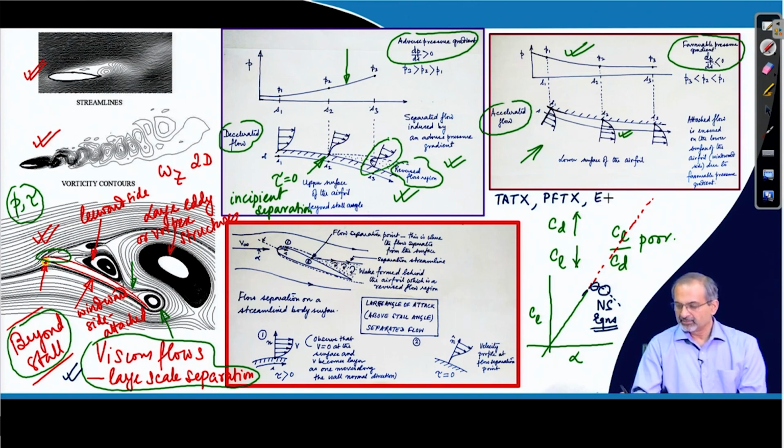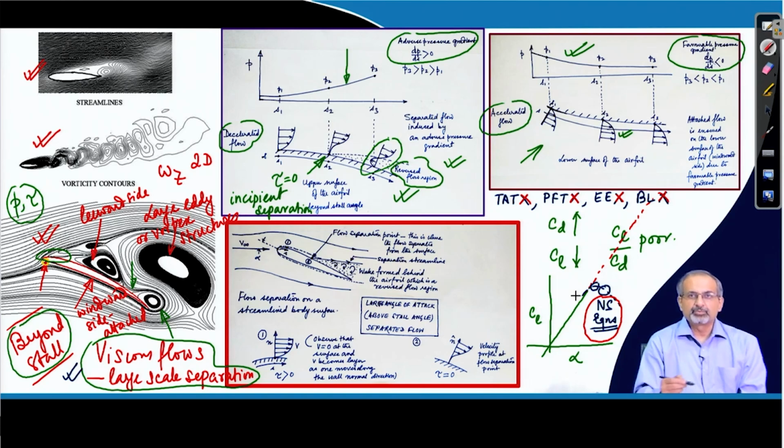Euler equations cannot capture it, because it is a viscous dominated phenomenon. Boundary layer theory also cannot capture it, because you do not have an attached boundary layer here, you have a separated one. Therefore, all of these models fail and you are only left with Navier-Stokes equations.